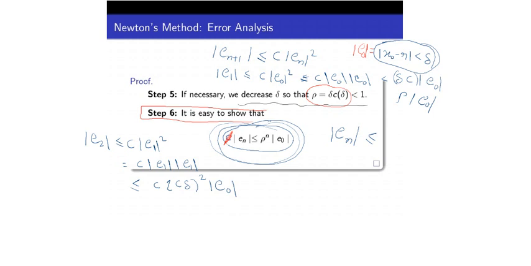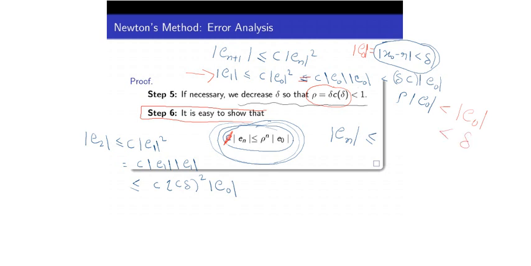Then mod of E1 is less than or equal to C times mod of E naught square, which you can write as C times mod E naught into mod E naught. But mod of E naught is less than delta, so that goes as delta times C times mod E naught. Delta times C, we just called rho, so that is rho times mod E naught, which you can certainly make less than mod E naught, which is less than delta.